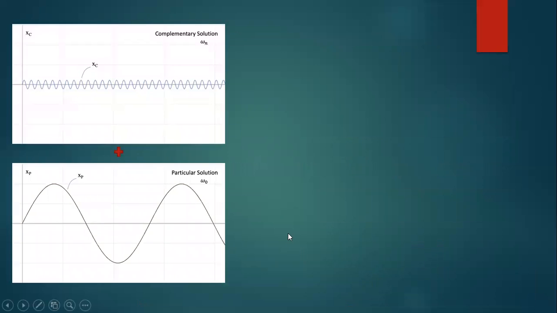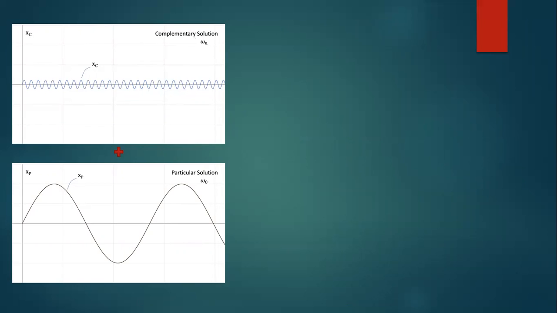The general solution is obtained by superimposing the complementary solution, that is with the natural frequency, and the particular solution with the forcing frequency. It is sinusoidal because we consider x homogeneous equal to A sine omega n t.